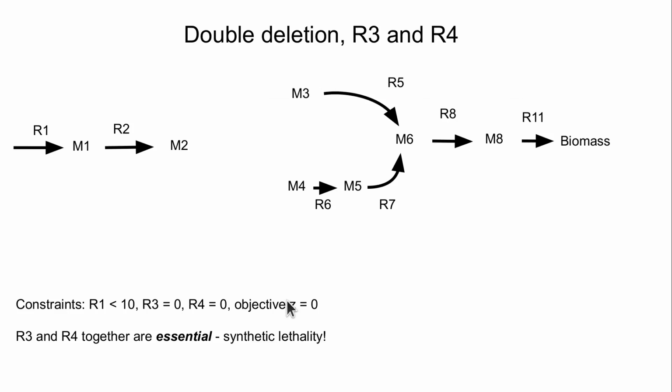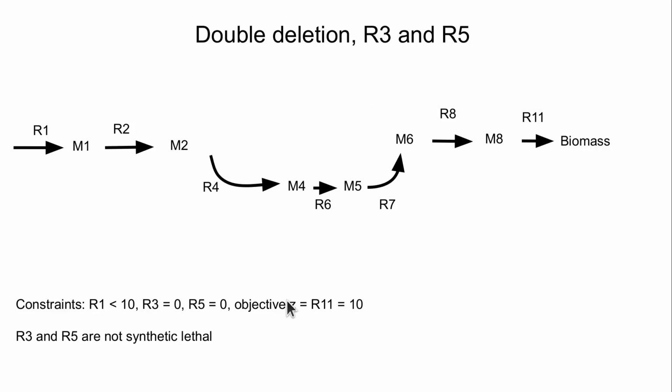So M6 now cannot be produced in our model with R4 and R3 knocked out. And so because of that, R8 and R11 are also blocked, and so Z equals 0. R3 and R4 together are essential, and that's what we call synthetic lethality. They're examples of genes that are non-essential when removed in isolation, but when removed together, they will knock out the organism.